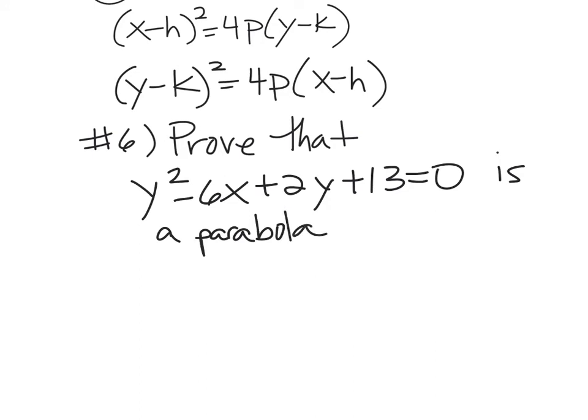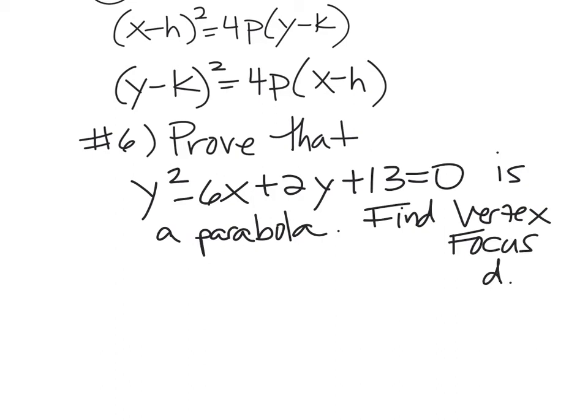Prove that y squared minus 6x plus 2y plus 13 equals 0 is a parabola. And then we're going to find the vertex, focus, and directrix line. Oh, they also want the focal width and a graph. Wow, that's a lot.